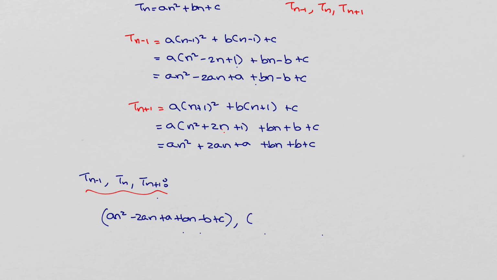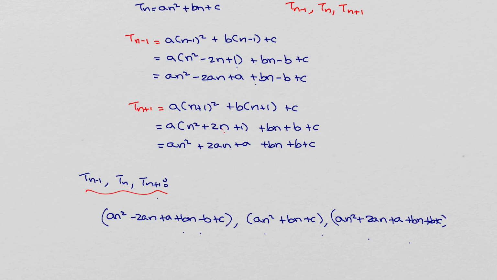And then t of n is an squared plus bn plus c, and an squared plus 2an plus a plus bn plus b plus c.